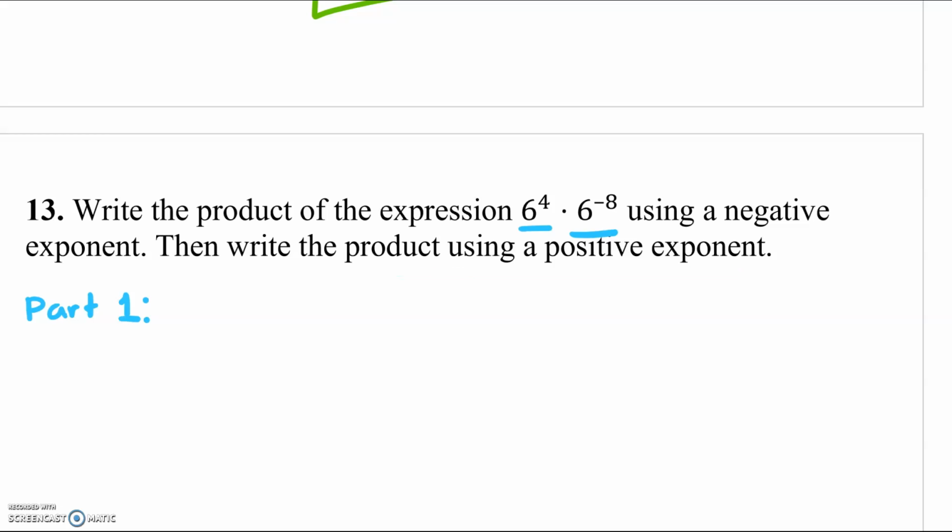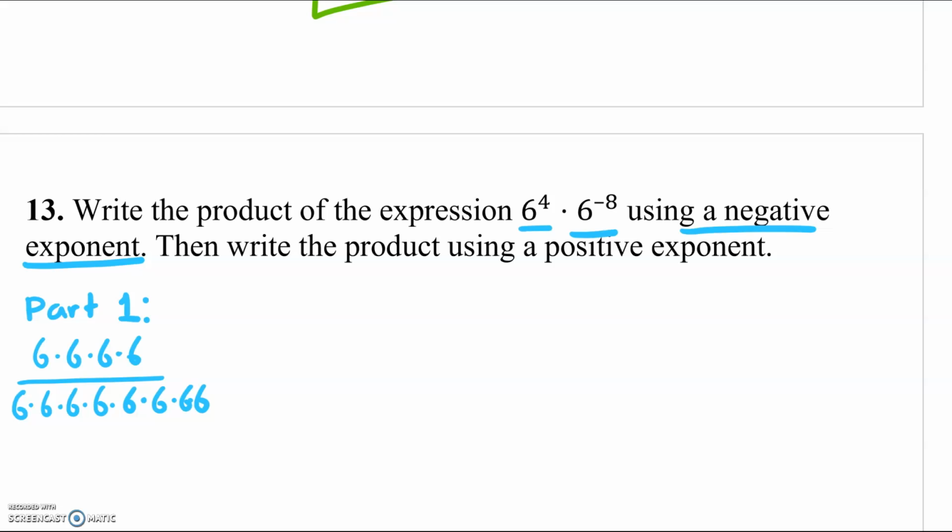So 6 to the 4th, 6 times 6 times 6 times 6, and then 6 to the negative 8. Since it's negative, it's down here on the bottom of the fraction. And then cross them out, and I have 4 left over down on the bottom. So I get 1 over 6 to the 4th power like that.